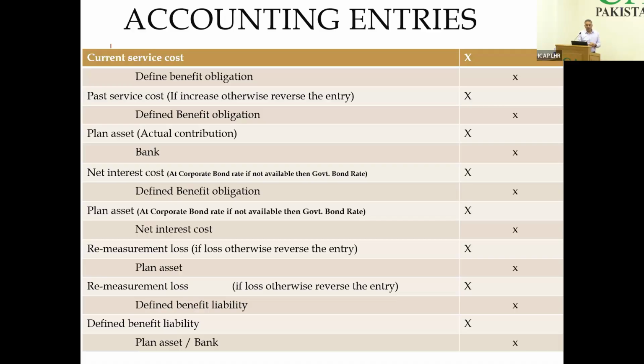And similarly, remeasurement loss debit and defined benefit liability credit, it will be when there are certain experience adjustments or changes in actuarial assumptions, then there will be some actuarial gain or loss. In that case, you will book the entry remeasurement loss debit and defined benefit liability credit. And then if you make payment to the employees, defined benefit liability debit and plan asset credit. So these are the normal accounting entries which we incorporate under IAS 19.